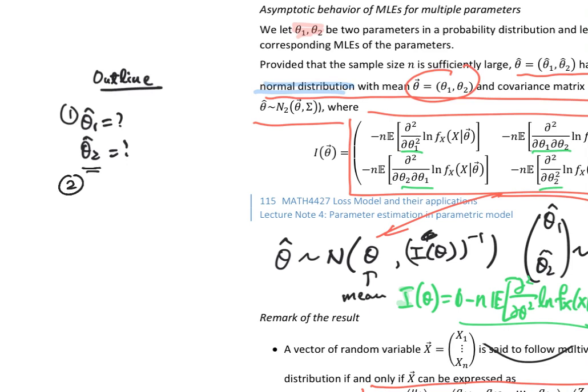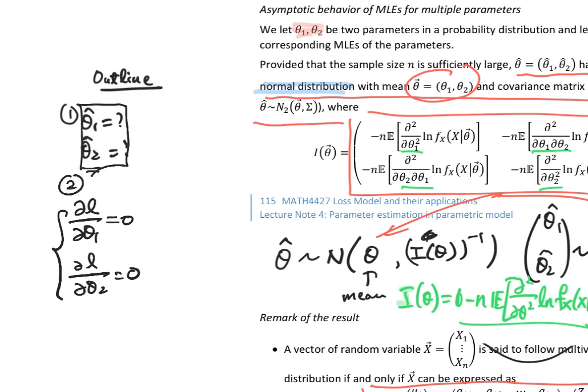If you have two parameters, the first order condition consists of two equations: you differentiate the log likelihood with respect to theta 1 and theta 2 one time and set them to 0. Then to get the formula for the MLE from this first order condition, you apply the Taylor expansion and expand it to obtain the formula for theta 1 hat and theta 2 hat.